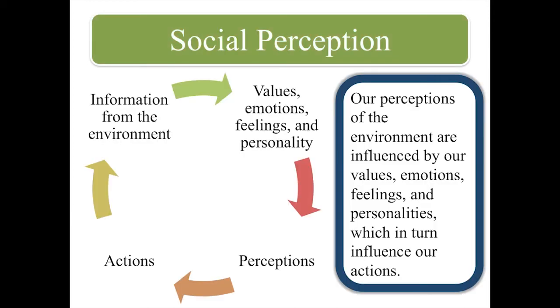Social perceptions also are influenced by our values that we talked about, emotions, feelings, and personalities, which in turn can influence our actions. So if you think about this figure and how things are flowing, it's important to break down each of these and really understand them so that we don't make incorrect assumptions.